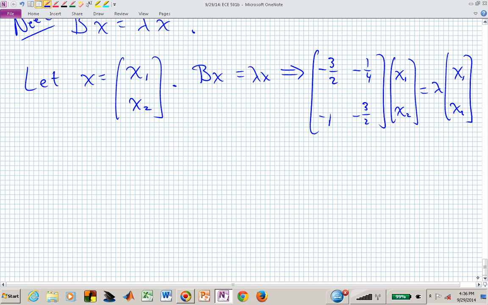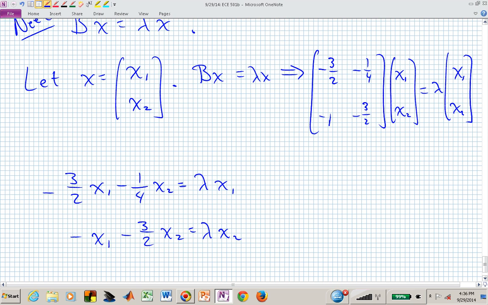From the top row, we have minus 3 halves x1 minus 1/4 x sub 2 equaling lambda x1. And in the bottom row, we have minus x1 minus 3 halves x2 is equal to lambda x sub 2.